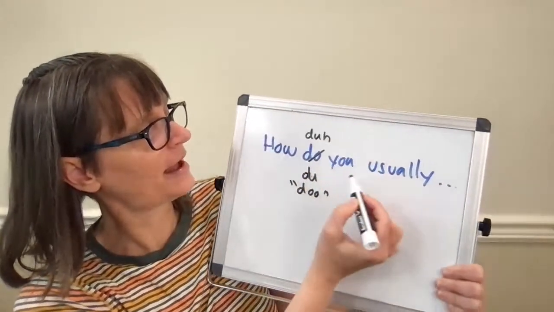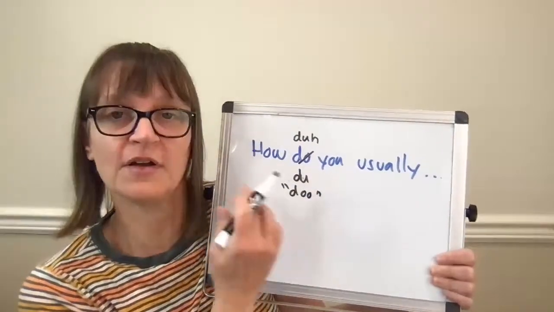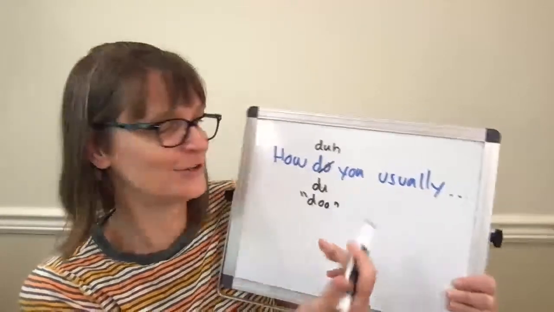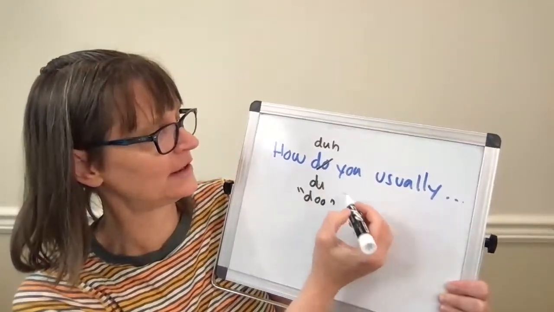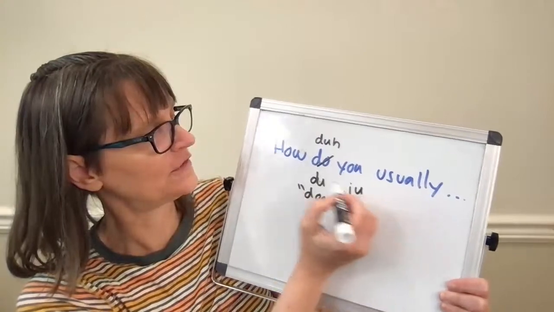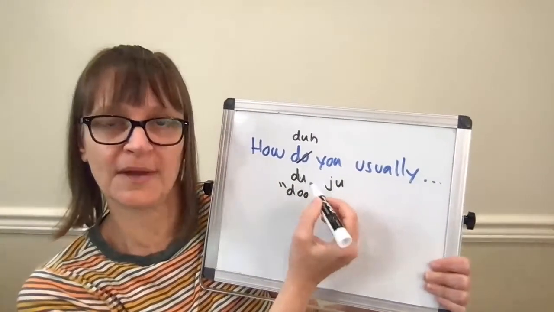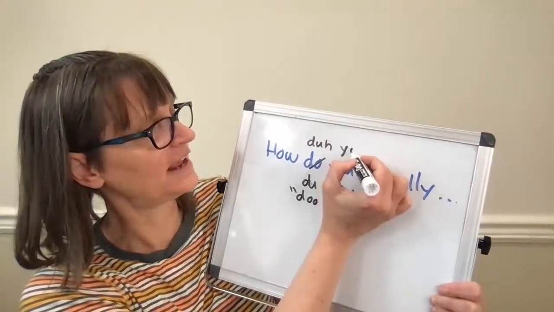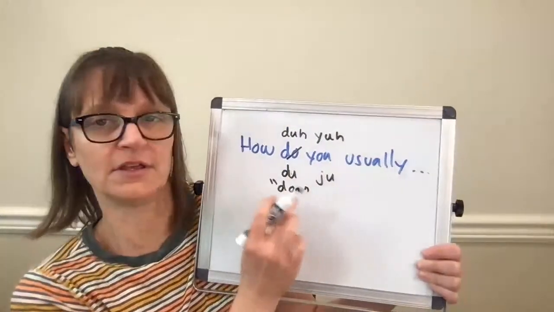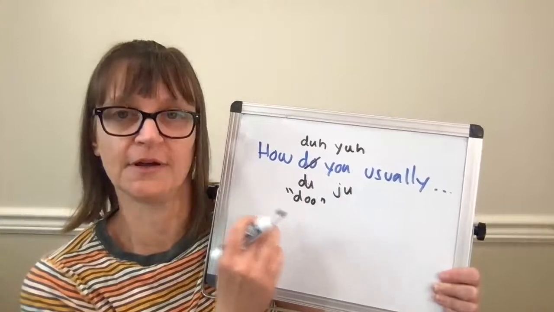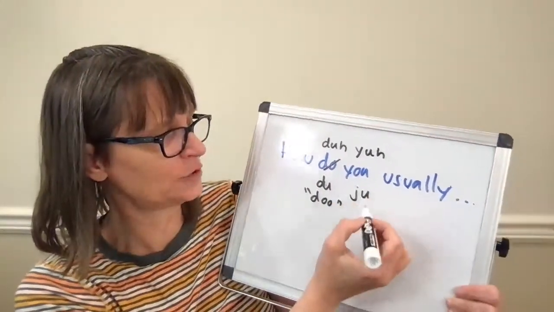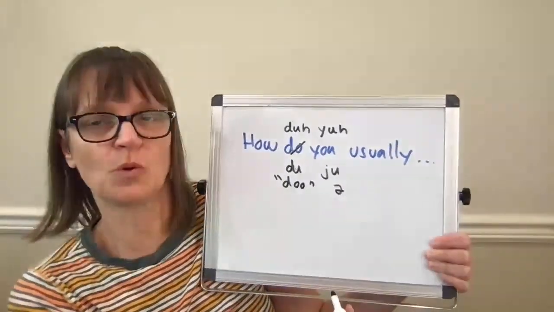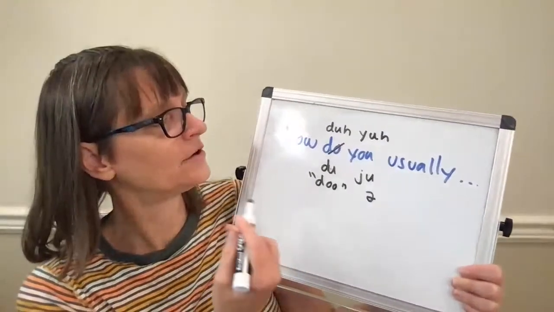If I'm really wanting to stress the you, then I'm going to use a clear you as well. I think a lot of native speakers might change how do you to how do ya. So that oo gets reduced to the schwa. How do you usually?